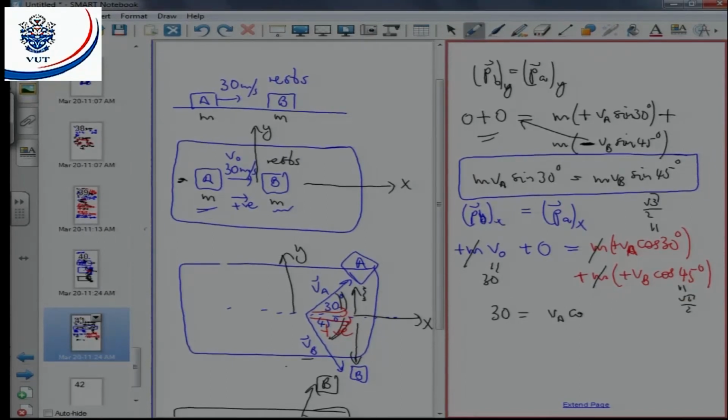So VA cos 30 degrees plus VB cos 45 degrees. Okay, so that's our second equation, which is over here. So that completes the problem, which is question 5.